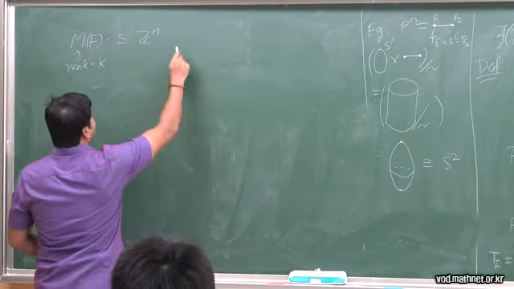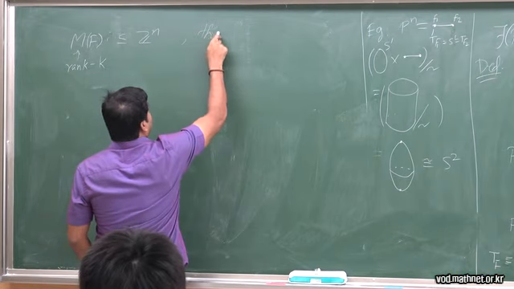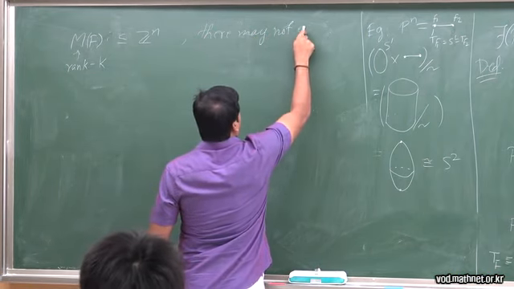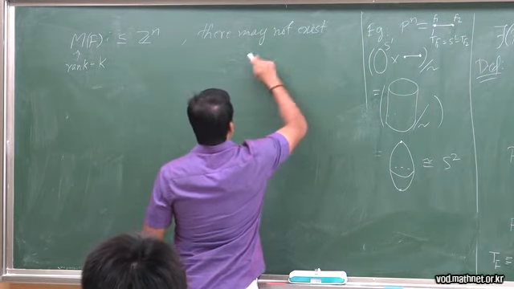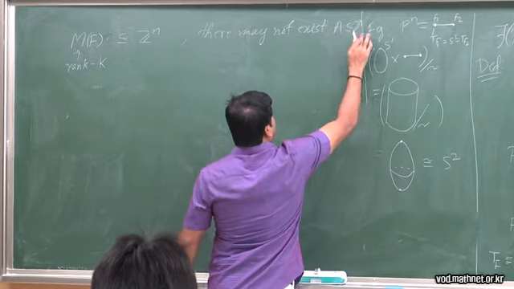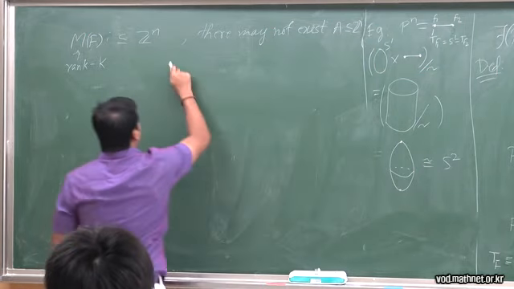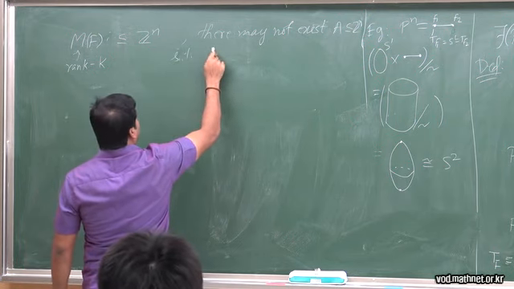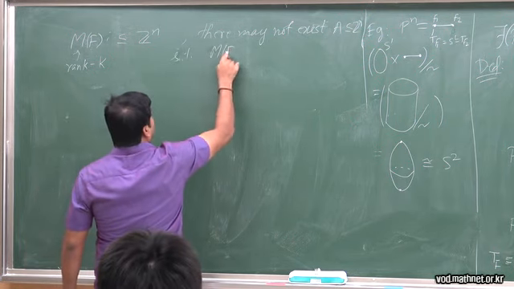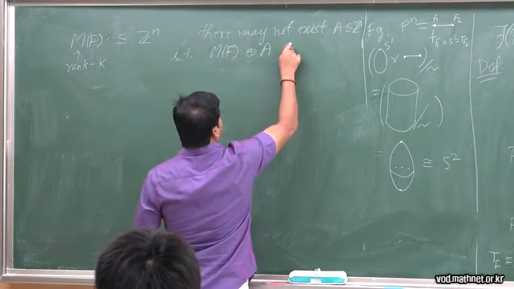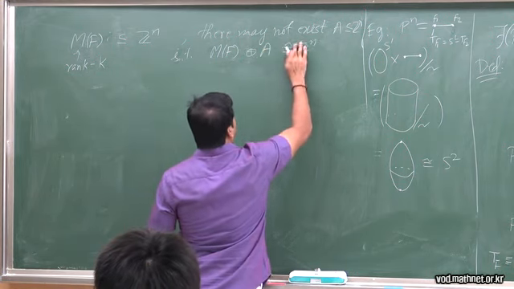That means there may not exist a submodule A of Z^n such that M_F direct sum A is isomorphic to Z^n.